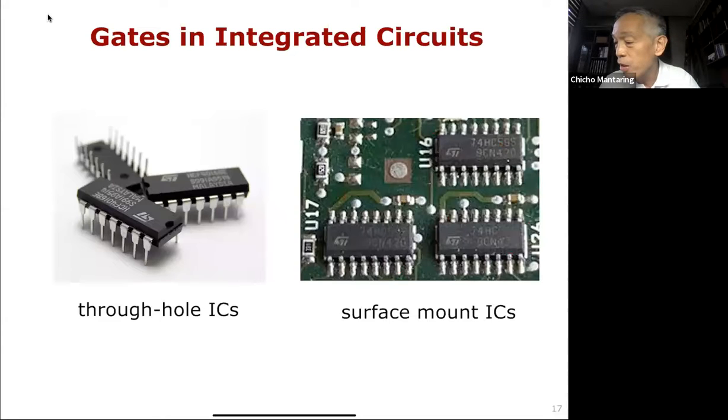These are very, very small, probably 1/10 or even 1/20th the size of this, because these are actually resistors. The smallest of these resistors, we call chip resistors or surface mount resistors. The smallest of that is as big as a grain of rice. So you can imagine how small this is.